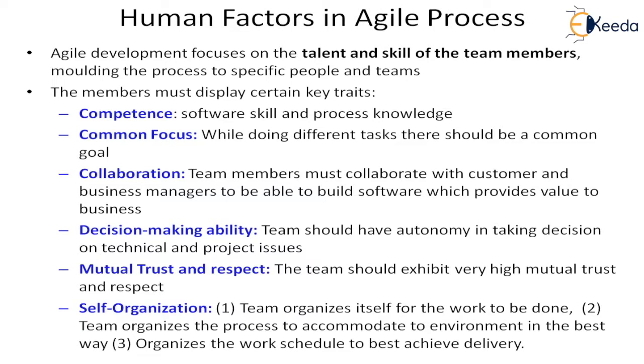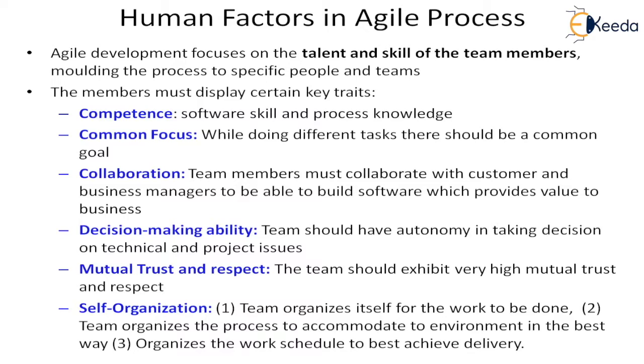There are also certain human factors that have to be built into the agile process. The agile development process focuses on the talent and skill of the team members. And these talent and skills are not only technical skills, but also human skills or soft skills that will be required for molding the process to the specific people and teams.